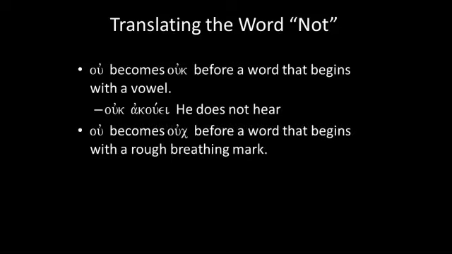If you have a rough breathing mark on the next word, remember a rough breathing mark is basically an H sound, then you're going to add an H onto ouk, and it becomes ouch, with the CH sound. Ouch hetoimazo, because hetoimazo begins with that rough breathing mark. Okay, so that's the word ou, ouk, or ouch. That's how we say not.